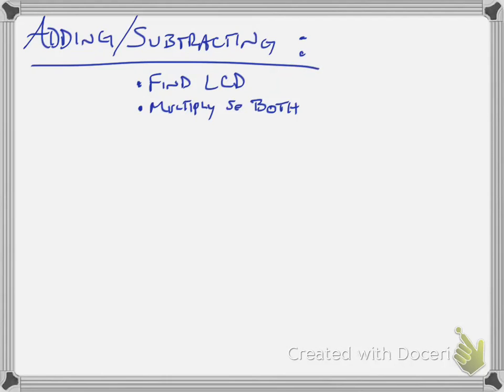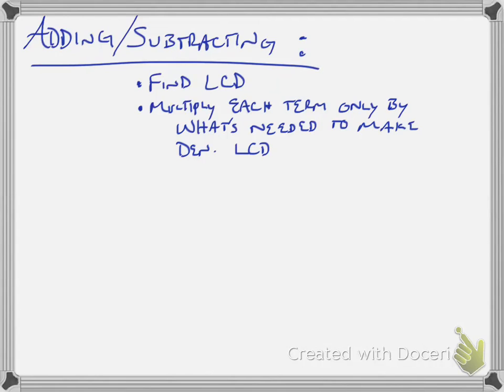So for adding and subtracting, first find the LCD, multiply each term by what's needed to make the denominator the least common denominator. Don't forget to multiply top and bottom by the same thing.